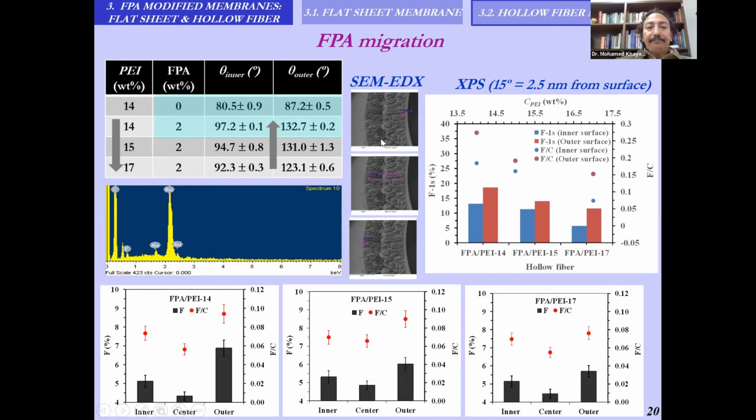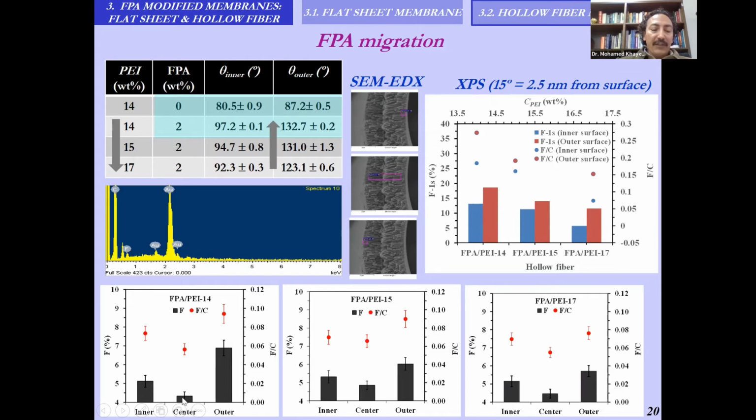We confirmed this result by SEM-EDX analysis. We focused on the concentration of fluorine. As I said before, fluorine is associated with FPI, not with the host hydrophilic polymer. We observed a higher concentration of fluorine at the outer surface than at the inner surface, whereas the concentration of fluorine in the center was the lowest.